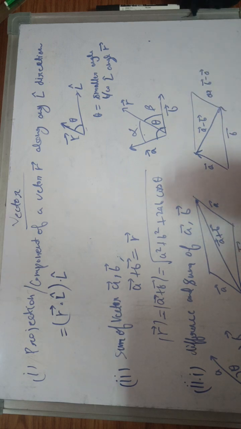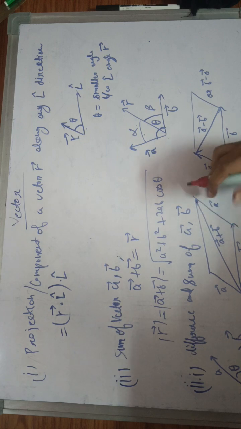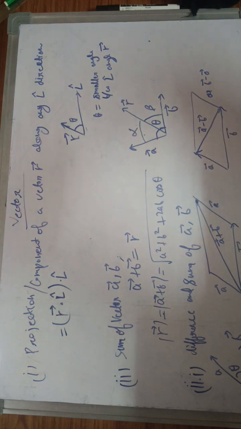Similarly, in this case, joining the tails, simply adding both vectors like this, we'll get either A plus B vector or minus A minus B vector.